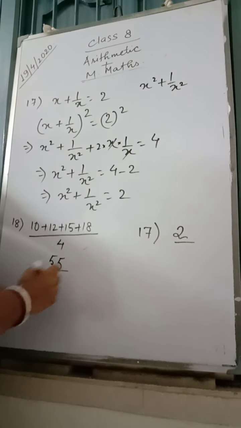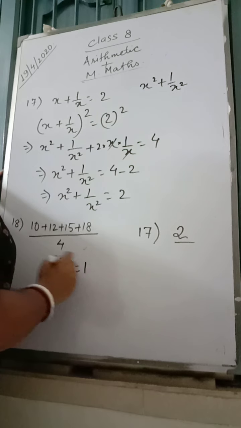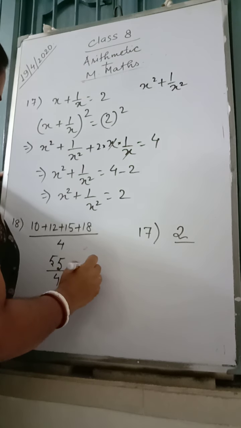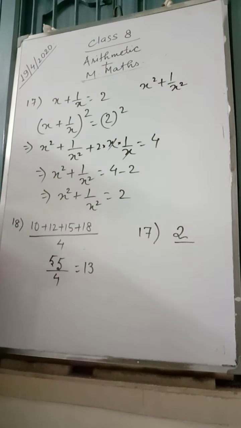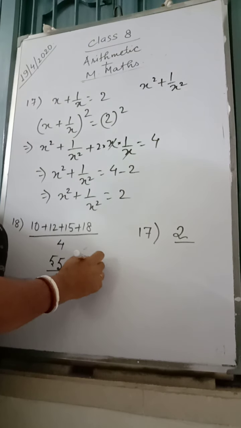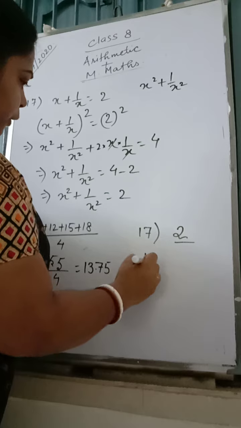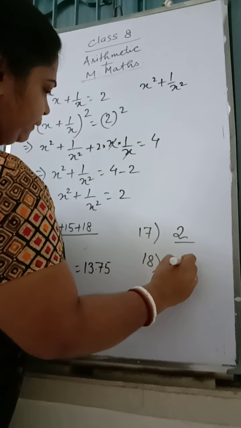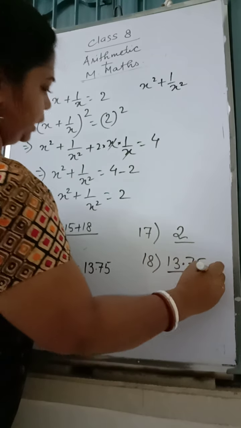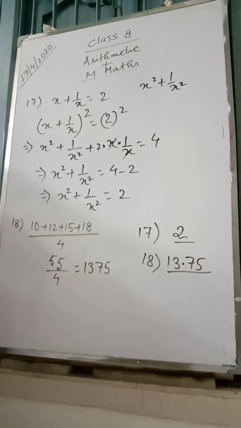So 4 ones are 4, 4 threes are 12, 4 sevens are 28, 4 fives are 20. So 13.75 is the mean or average, whatever you say.